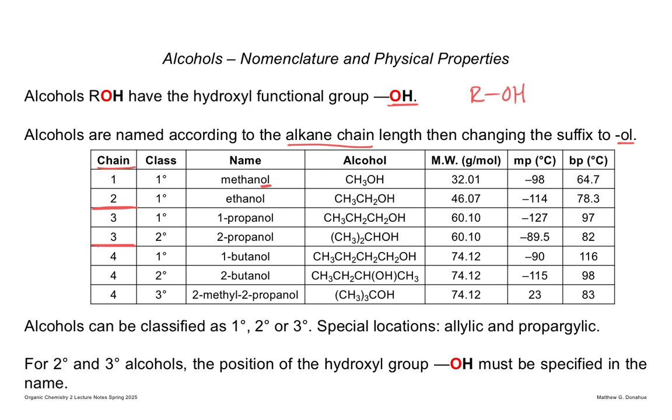In the nomenclature rules, the parent is the highest oxidized carbon. In methanol, it's an OH group, so that carbon is at oxidation state 1.